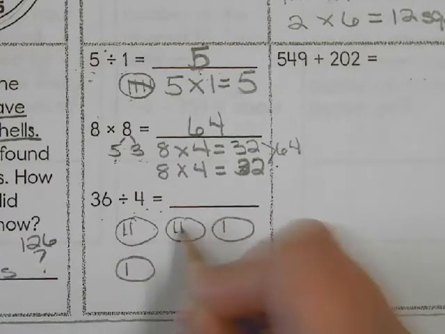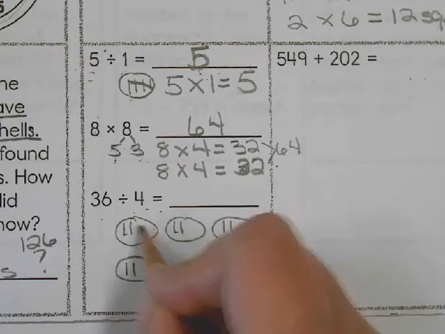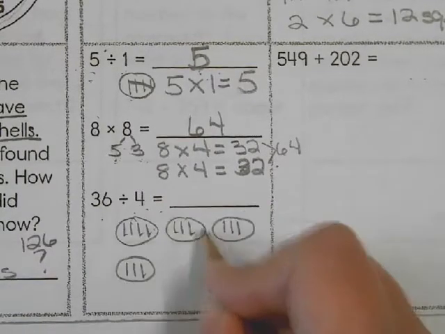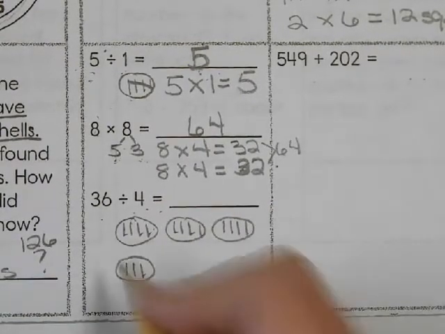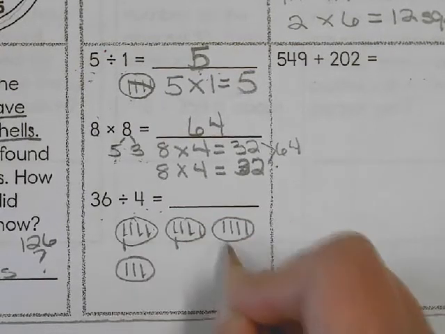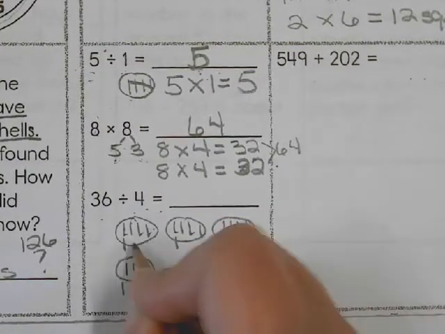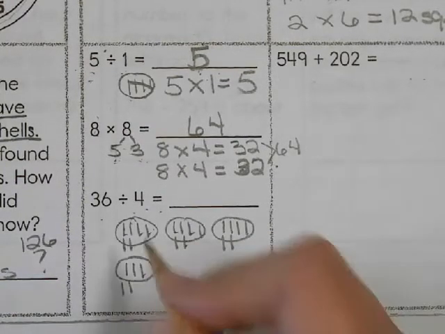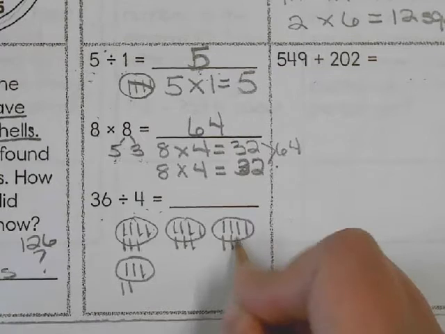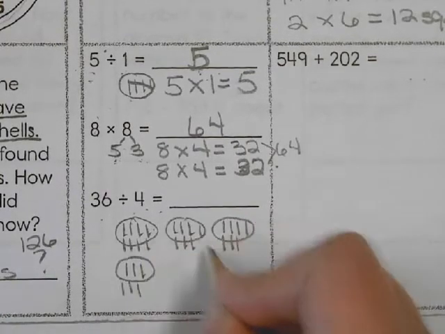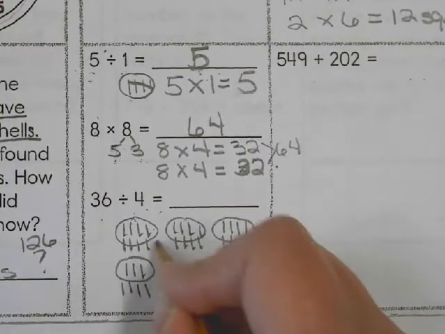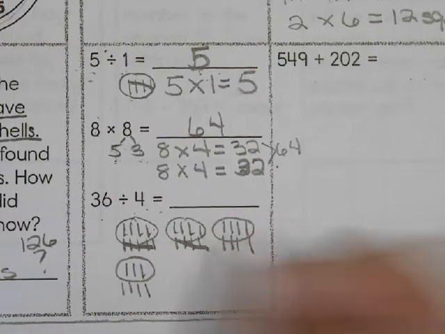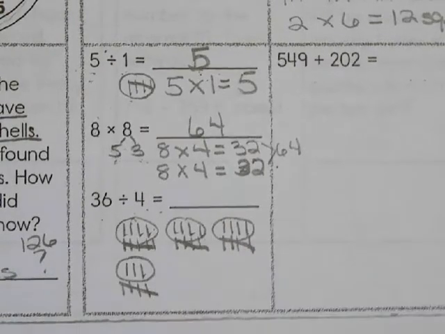So we continue: we're at 8, 12, 16, 20, 24, 28, 32, and finally, I guess we could do that, 36.